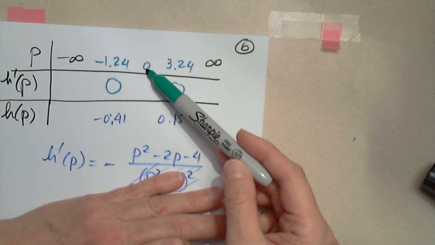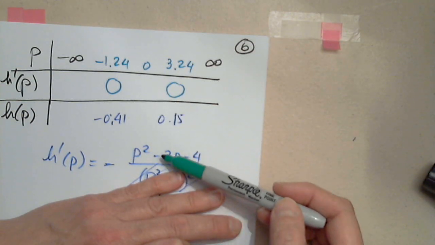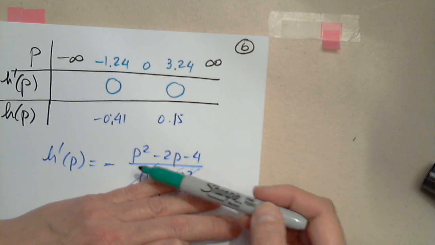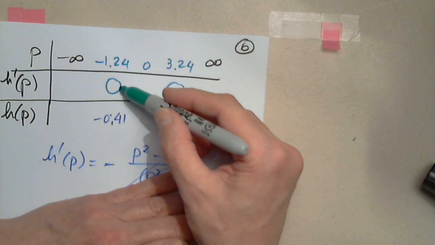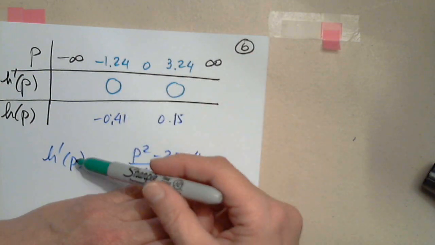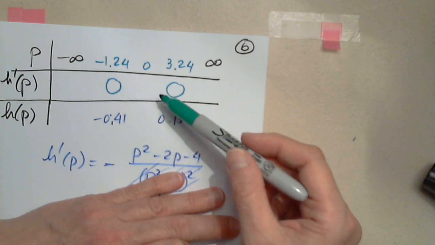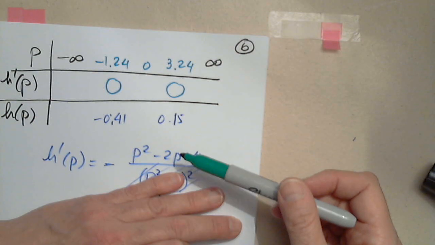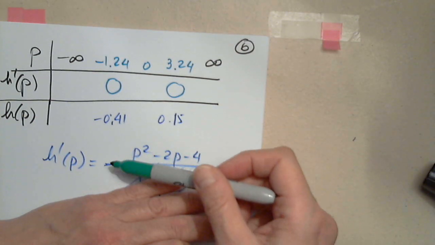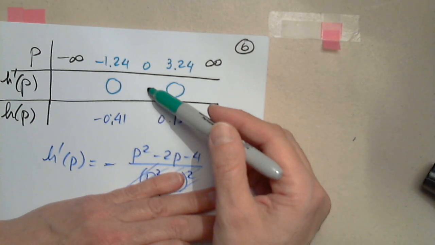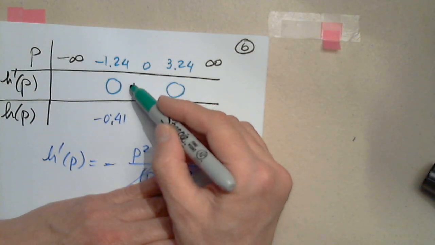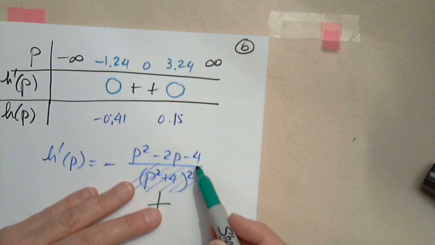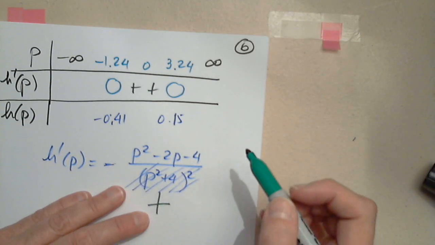And if I plug in 0 to find the sign, 0, 0, -4 times -1 will be, in between the two critical numbers, the sign of the derivative is 0, 0, -1 times -4, and that is? Positive. Very good.